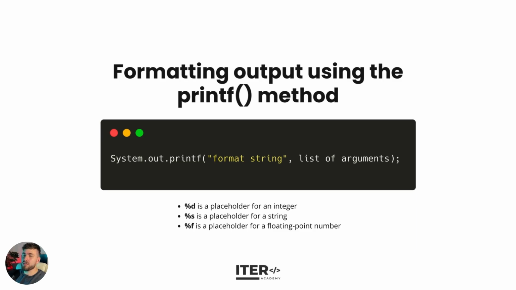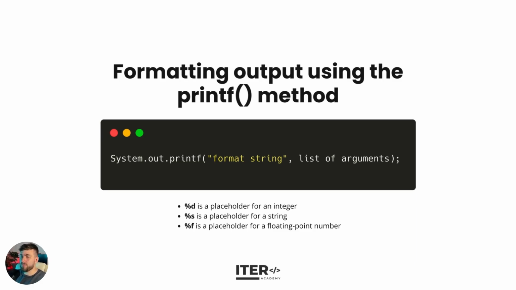The basic syntax of the printf method is as follows. System.out.printf, after that in double quotes the format string, and after that the list of arguments. The format string contains placeholders, which are represented by a %, followed by a letter that corresponds to the type of data that will be inserted at that position.